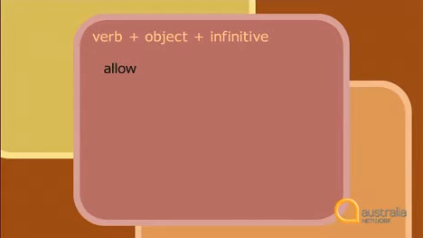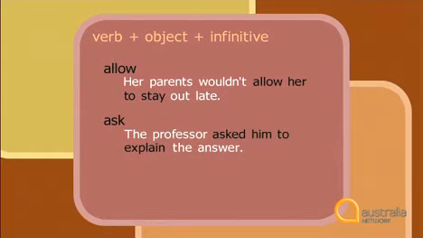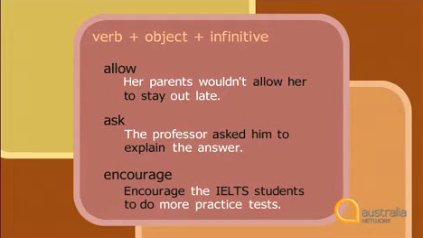Allow is one example. You could write, her parents wouldn't allow her to stay out late. Some other examples are, ask. The professor asked him to explain the answer. And encourage. Encourage the IELTS students to do more practice tests.